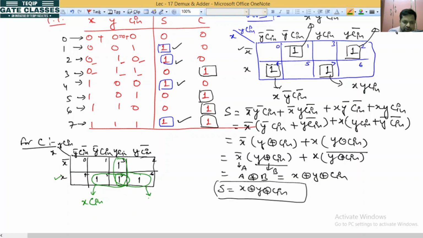Now you write from here, so x from row side, and we have y c in bar, so y is common. Now if we move here, so it will be y c in. So carry will be x c in plus x y plus y c in.